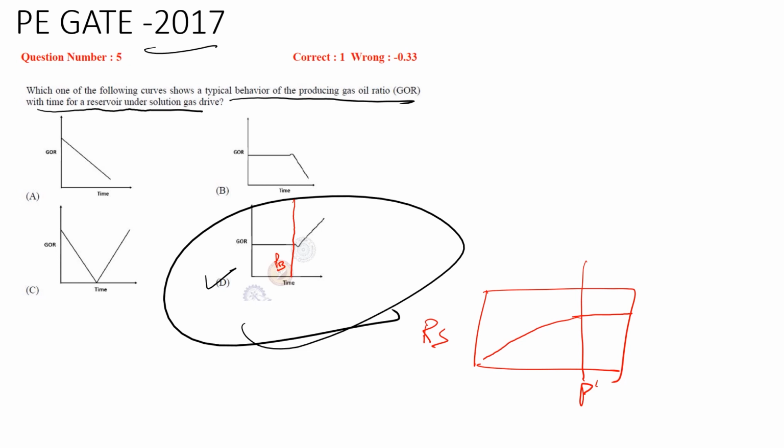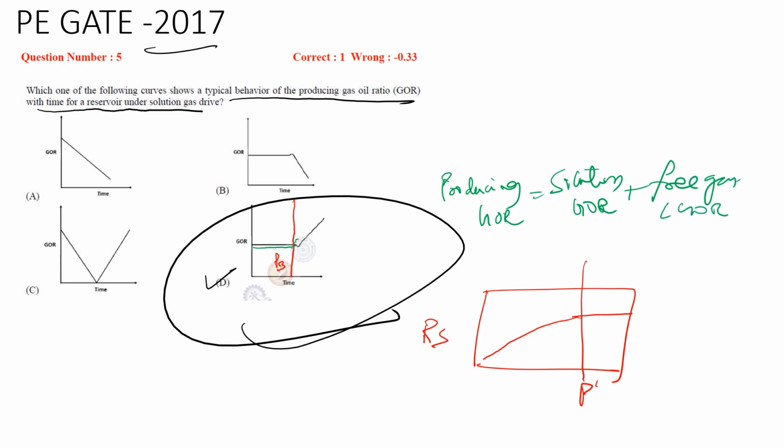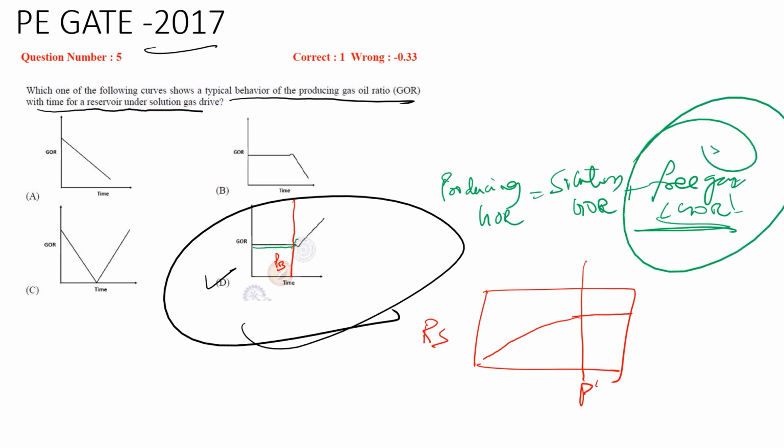We know that my producing GOR would be solution GOR plus the free gas GOR. Now, above the bubble point there will be no free gas, so it will be a straight line over here, and below the bubble point I will get both solution as well as free gas. That's why it is increasing in nature.